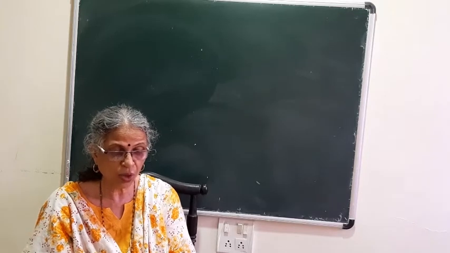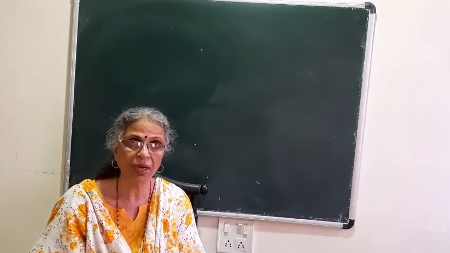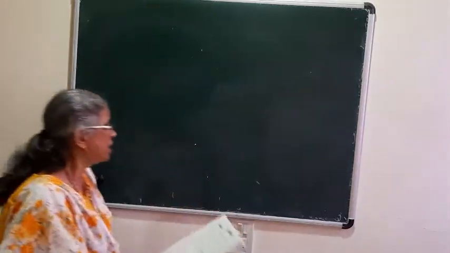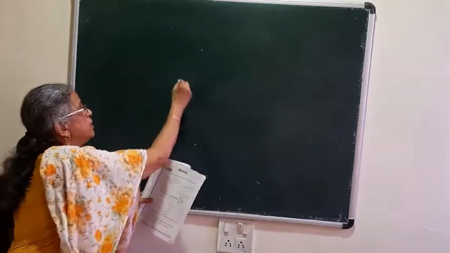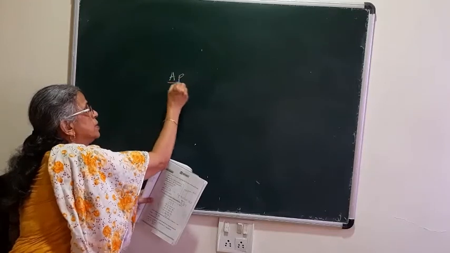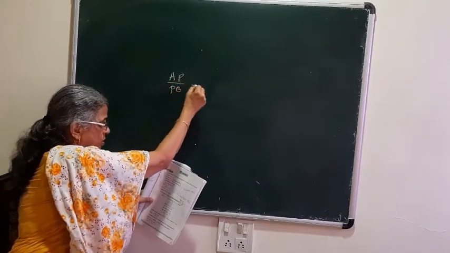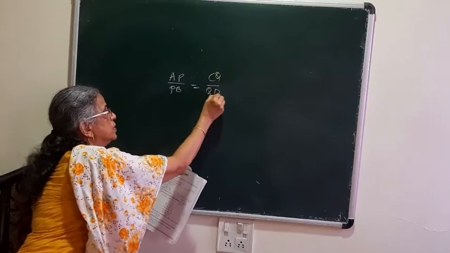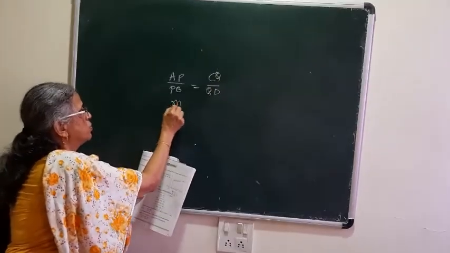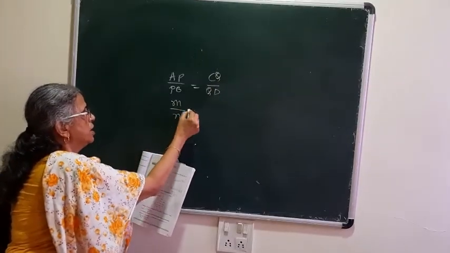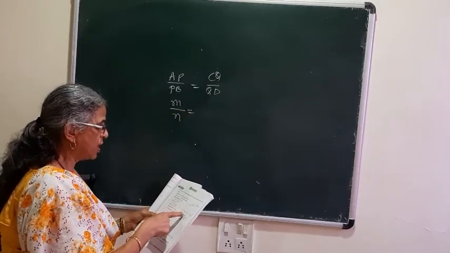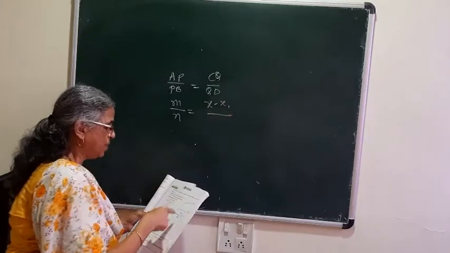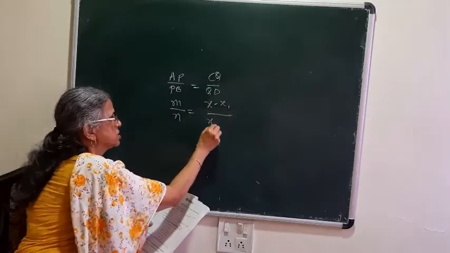Now here we are going to use the property of intercepts made by three parallel lines, and therefore we can write AP upon PB is equal to CQ upon QD. Suppose AP is m and PB is n. CQ we already have as x minus x1, and QD we have as x2 minus x.